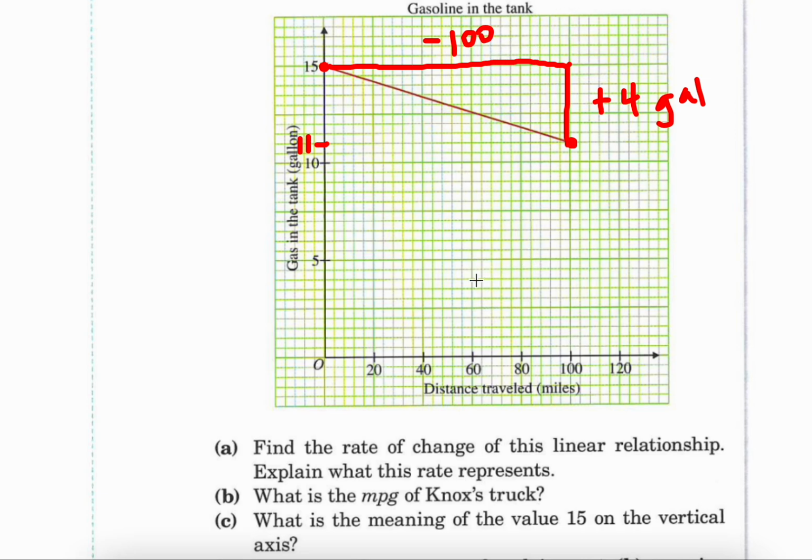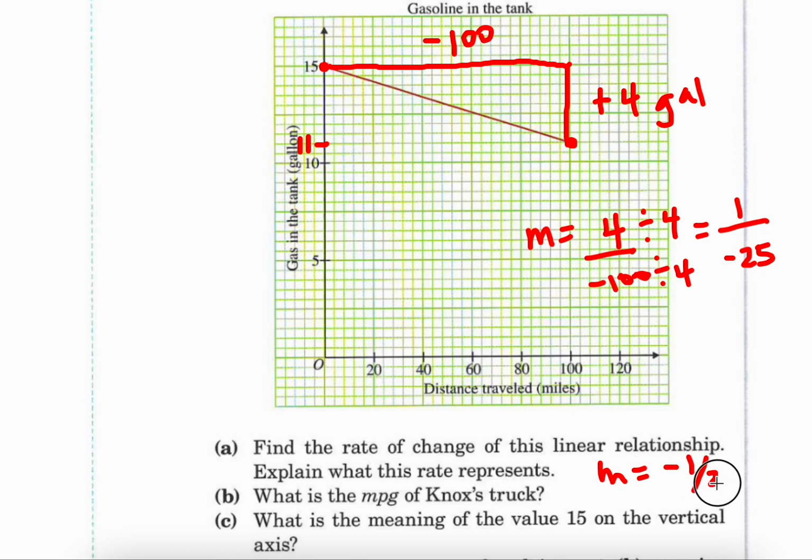Okay, so then it looks like our slope is 4 over negative 100. That's our slope. Well, let's go ahead and reduce that because slope needs to be reduced. Divide both sides by 4. So you end up with 1 over negative 25. That's our slope. Slope is negative 1 over 25.